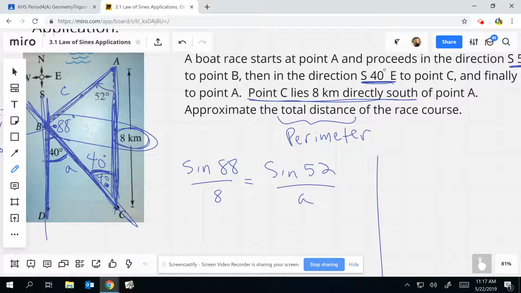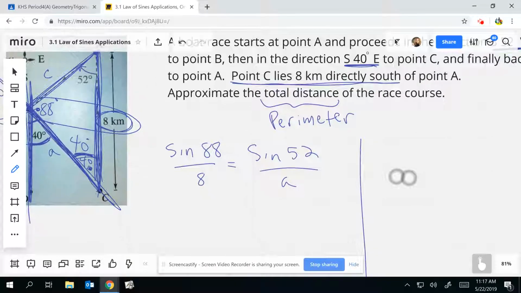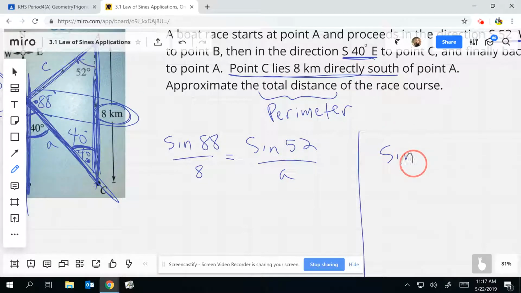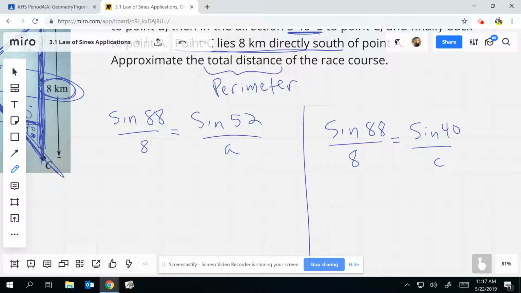So we got our first one here. Let's put the second one up. We need sine of 88 over 8 again. This time we're going to do sine of 40. 40 is the angle across from C. So we multiply our diagonals, the two that are numbers.